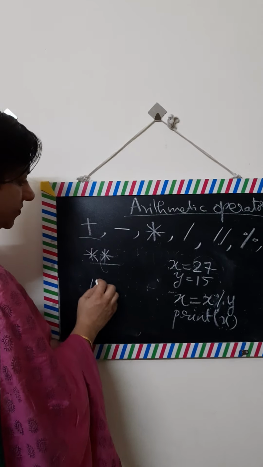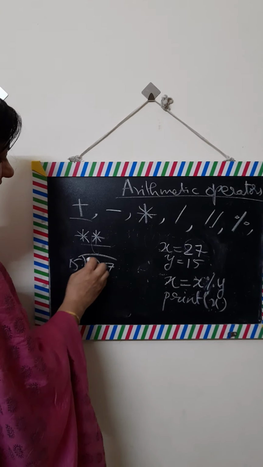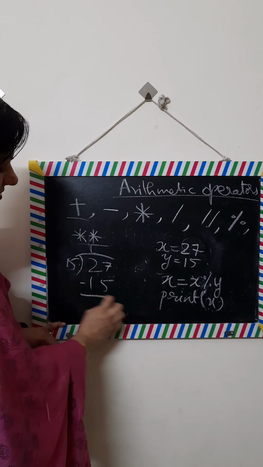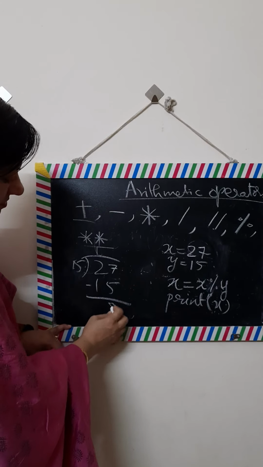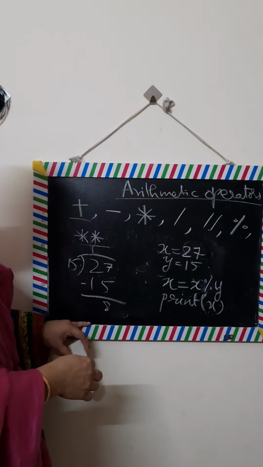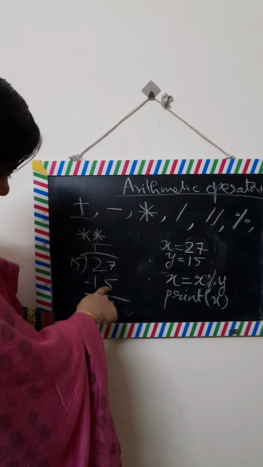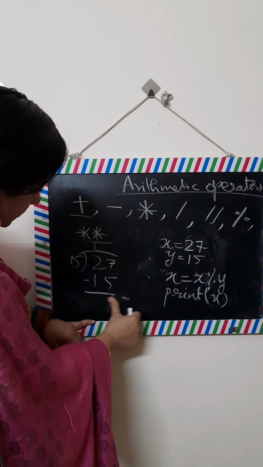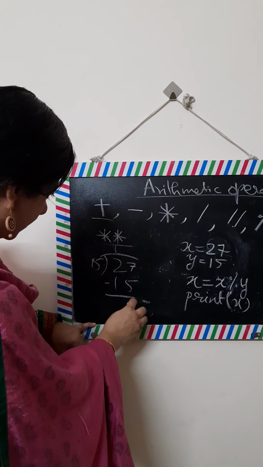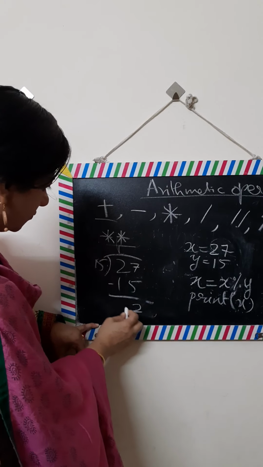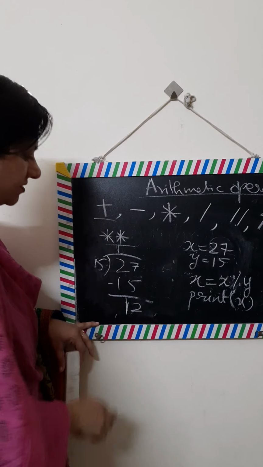So I am saying 27, it's divided by 15. 15, 1 times 15. How much is left? Correct? 1 second. 7, sorry. 15. Okay. 2. 12. So 12 is the remainder, right?